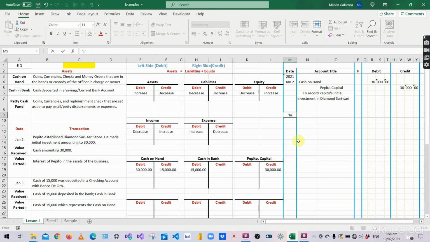So, on January 3, meron tayong debit, cash in bank, amounting to 15,000. Meron tayong credit sa cash on hand, amounting to 15,000.